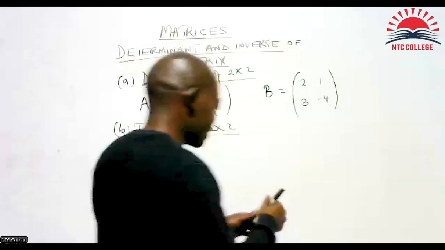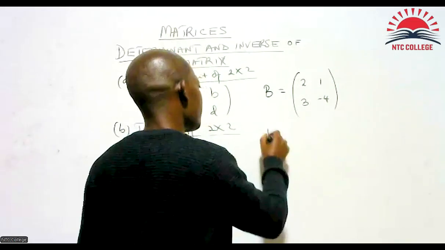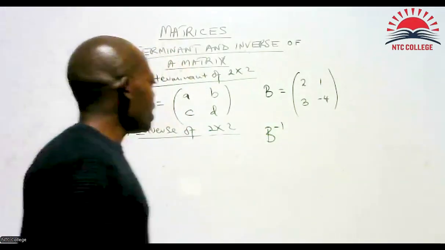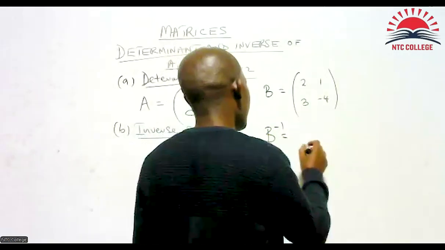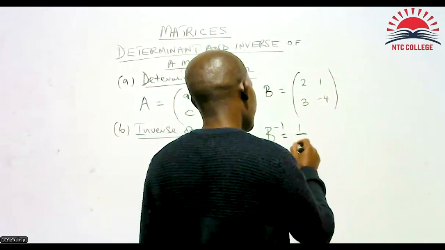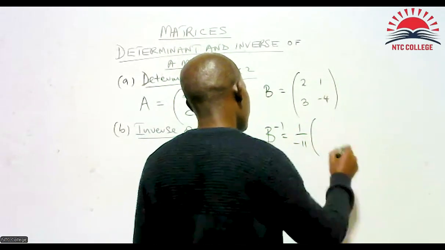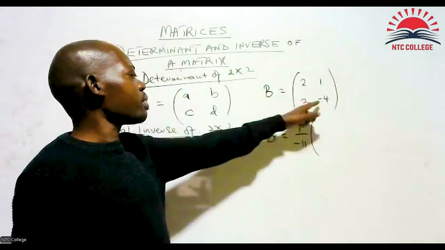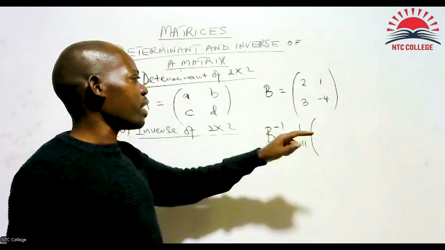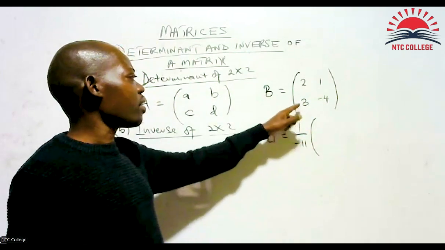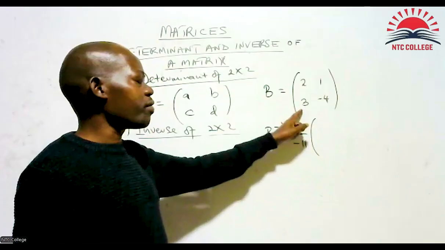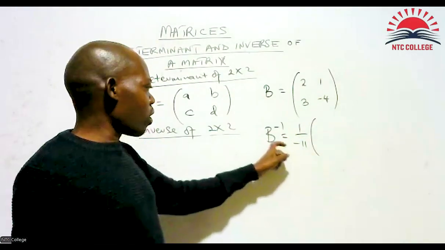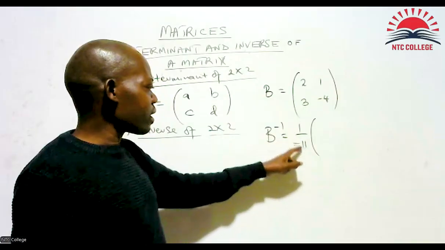So the inverse of B would be obtained as follows. 1 all over -11. Don't forget how we obtained -11. It was 2 times -4, -8, minus 3 times 1. So -8 minus 3 gave us -11. So our determinant is -11.